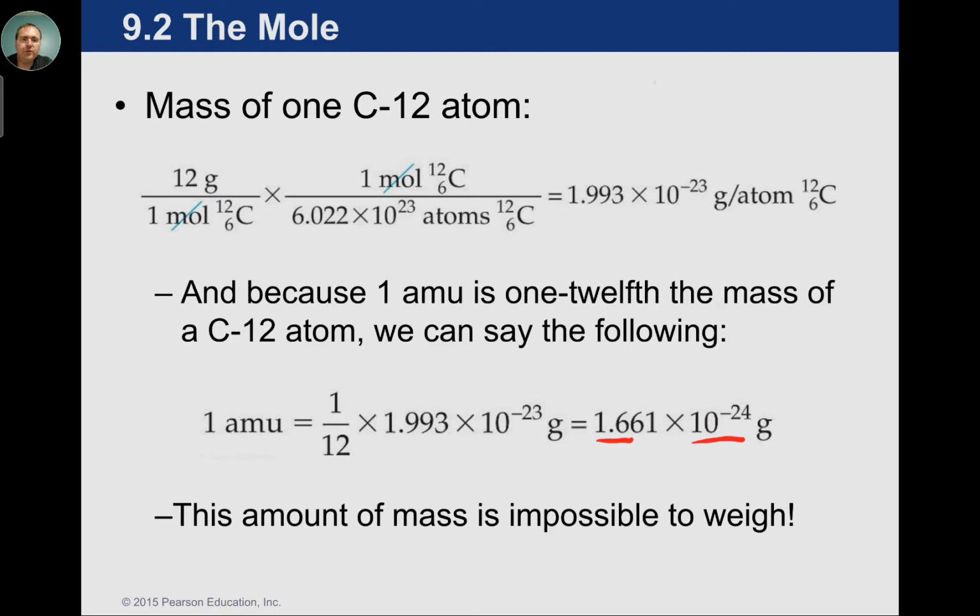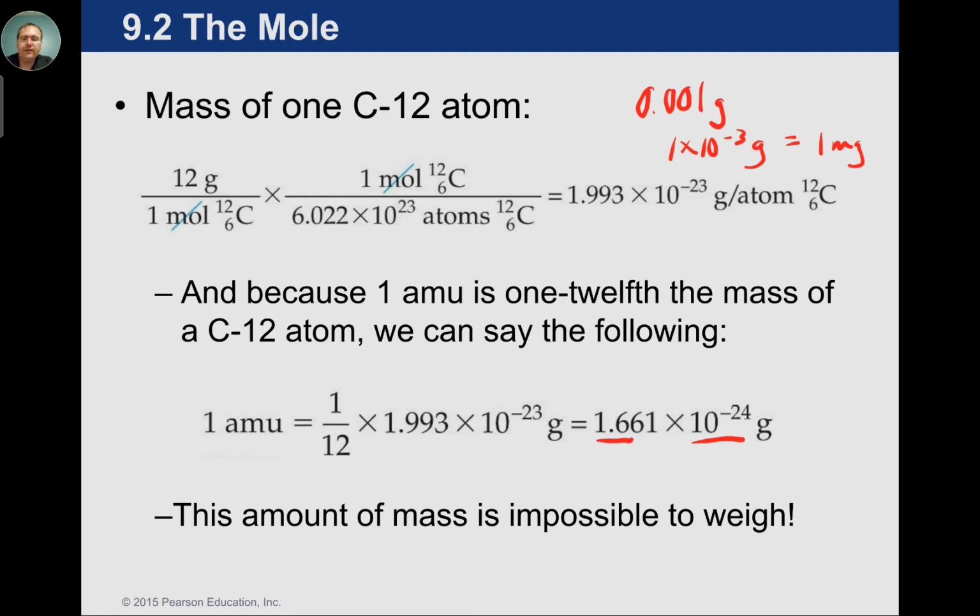The balances that we use in the back of the classroom, they go to the milligram position. So that's 1 times 10 to the negative 3 grams. That's equal to 1 milligram. And those cost about $3,000 a piece. If you want to go to the negative 4 position, you're looking at about 10 grand for a balance that's capable of doing that efficiently.